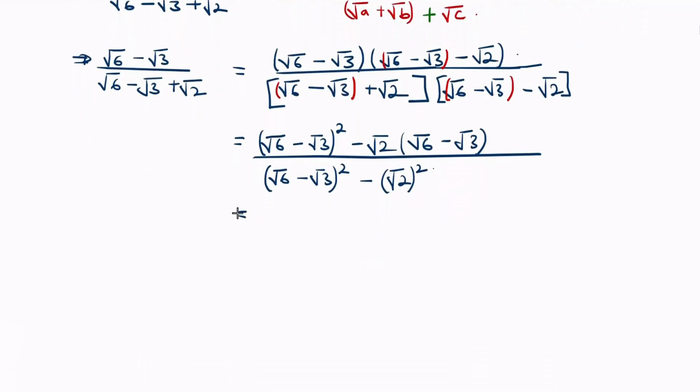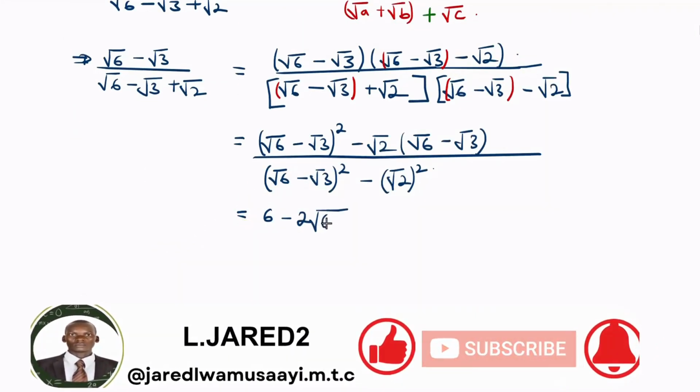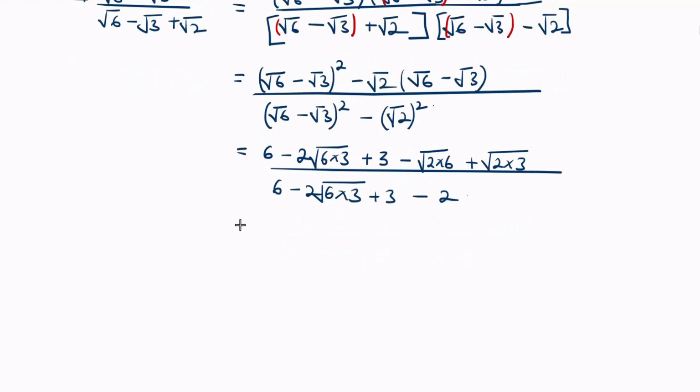As we simplify this, we have 6 minus 2 root 6 multiplied by 3 plus 3, minus root 2 multiplied by root 6 plus root 2 multiplied by root 3, divided by 6 minus 2 root 6 multiplied by 3 plus 3 minus 2.